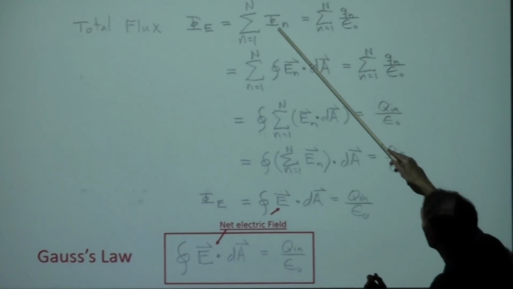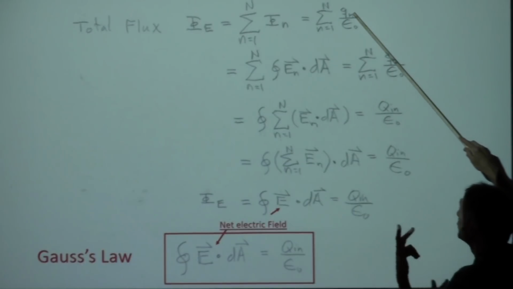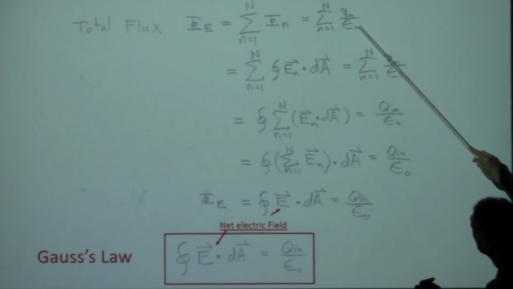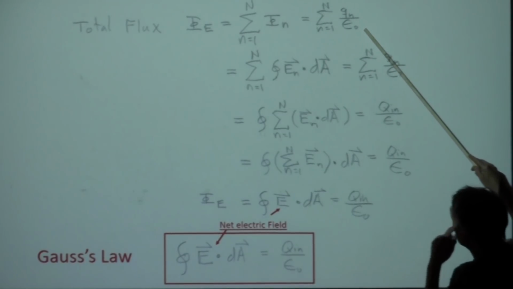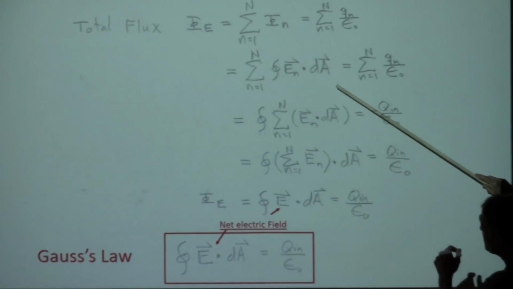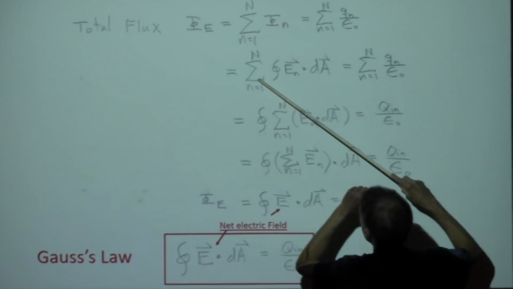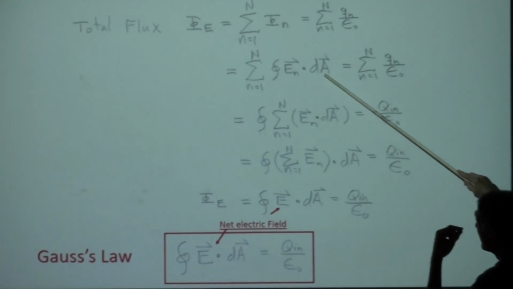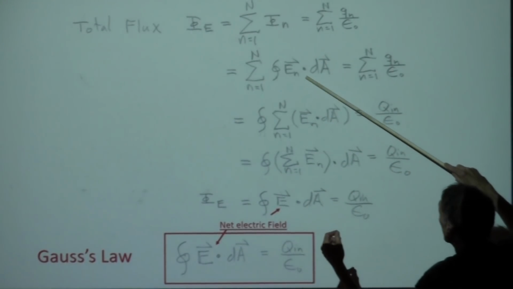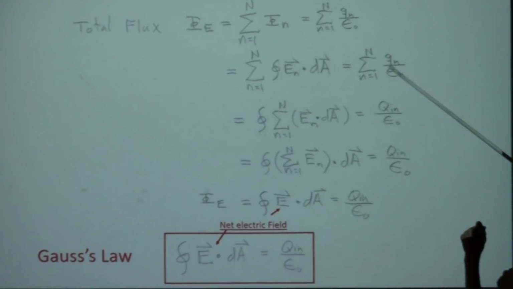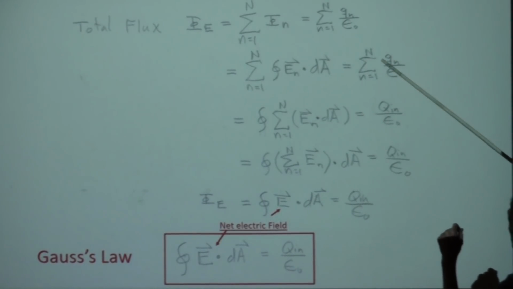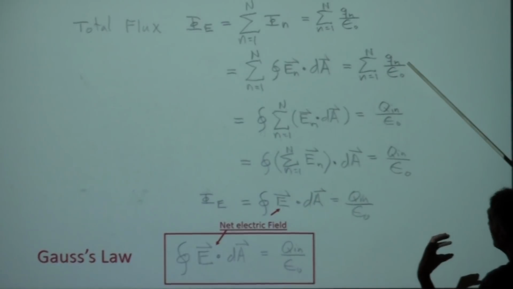Each individual flux should just be Q over epsilon naught. And then this flux could be expressed with Gauss's law. Maybe I should have put a nice bracket around this. And then we just sum these up. So basically we do this for each charge. When we add up all the charges, it should be just the net charge.